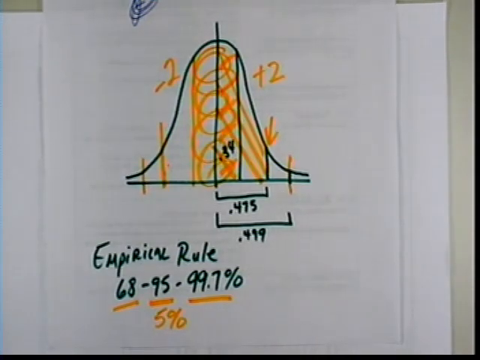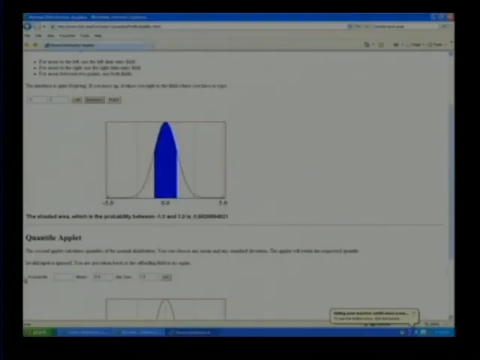So I've got an applet here, and let's just look at this. I just did a search on a normal curve area, and this is one at stat.stanford.edu. But there's several of these around if you want to play with them. You probably can't read this, but this is -1 to 1, and I clicked on left. This tells me down here that the shaded area has got 0.68269, which is 68%.